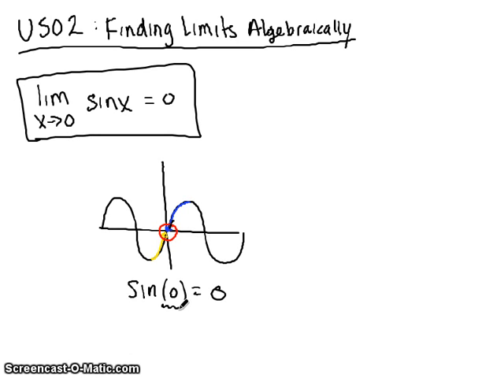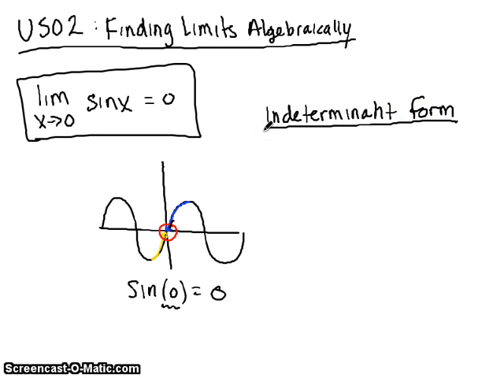Now this is not going to be useful very often. AP is not usually going to give you a question where you can just plug in the number and get an answer out. What's more than likely going to happen is you are going to get something called an indeterminate form. Indeterminate forms look like 0 over 0, infinity over infinity, infinity over 0, 0 over infinity, and any of those infinities could be negatives.